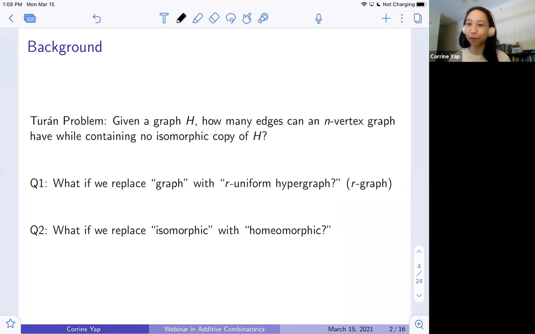If you think back to when you last thought about topology, a homeomorphism intuitively tells us when two topological spaces are the same in a certain sense. Technically it's a continuous map with a continuous inverse, but a priori, we don't have any topologies here. We're just dealing with these discrete structures of hypergraphs.